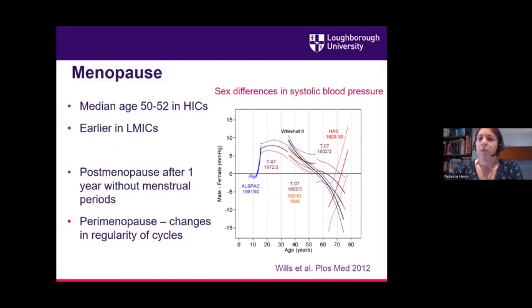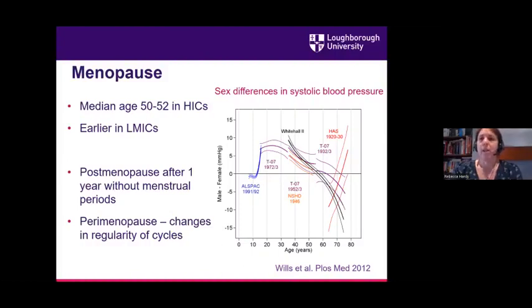Most women go through menopause between the age of 45 and 55, and we define premature menopause as women who undergo menopause before the age of 40, and early menopause if it's before the age of 45 and more than 40. Now, interestingly, the median age is different in low and middle income countries. So it tends to be earlier in these sort of more disadvantaged countries.